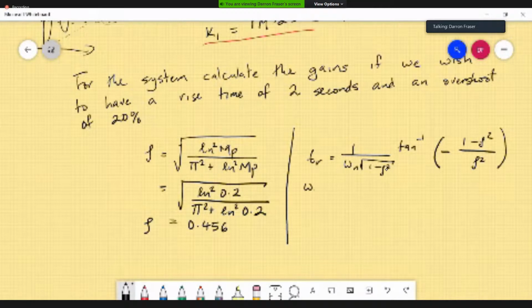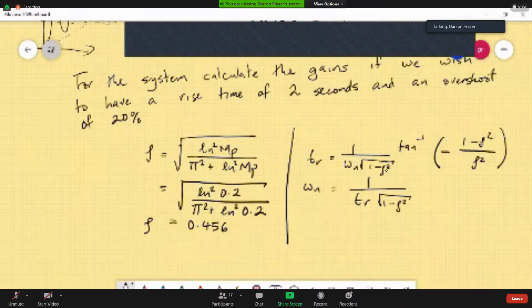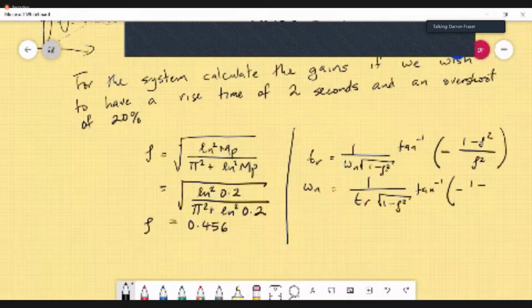So omega n is going to be equal to 1 over the rise time, so switch places: the square root of 1 minus damping ratio squared, tan inverse of minus the square root of 1 minus damping ratio squared over damping ratio.